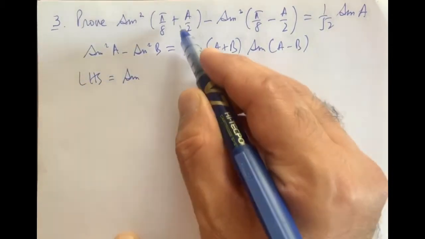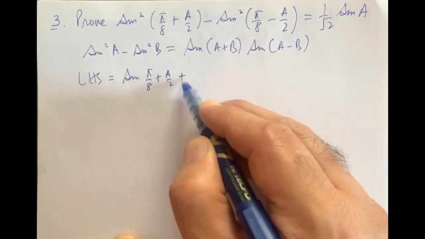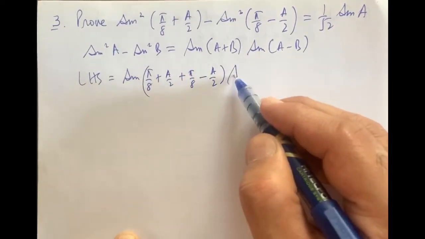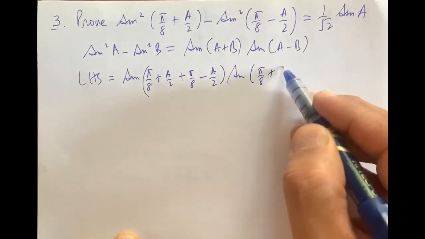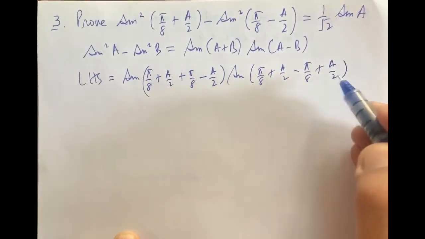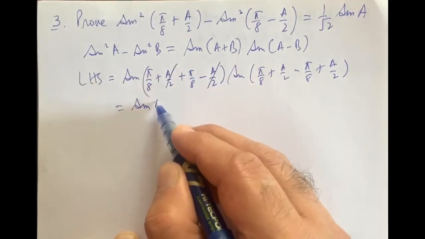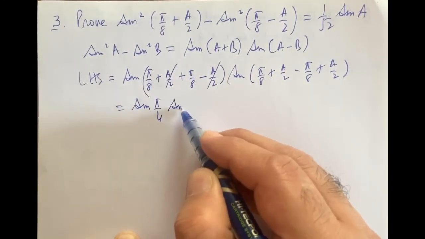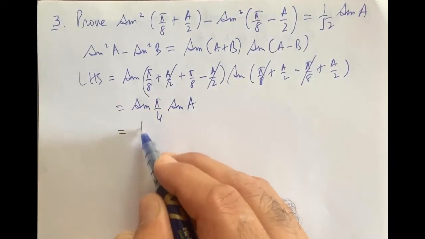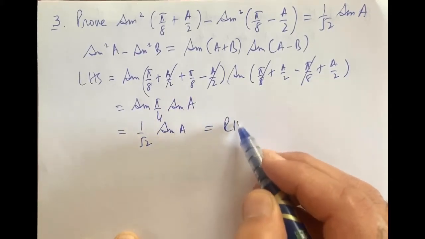This will be sin of pi by 8 plus A by 2 plus pi by 8 minus A by 2 into sin of pi by 8 plus A by 2 minus pi by 8 plus A by 2, which is sin of pi by 4 into sin of A by 2 plus A by 2, which is A. So this is 1 by root 2 into sin of A. This is same as the right hand side.